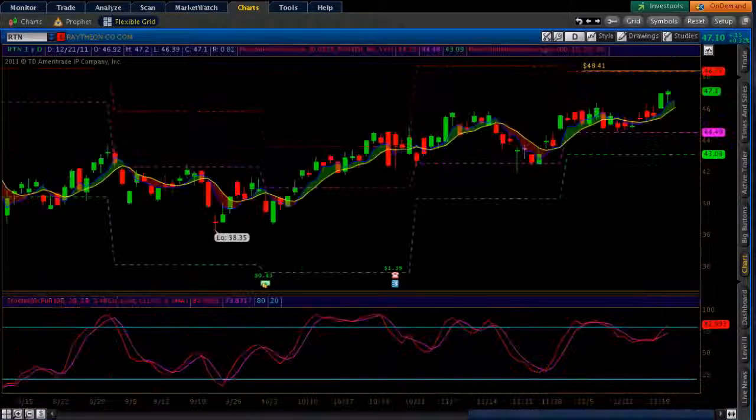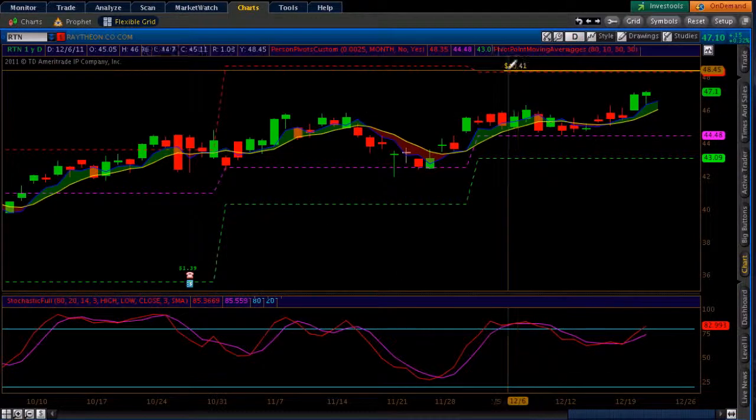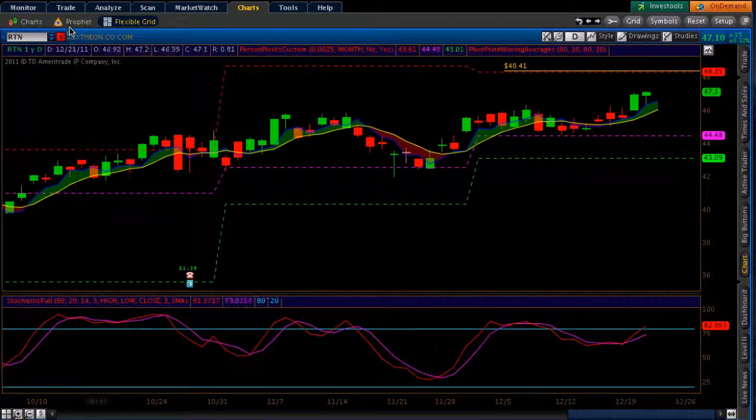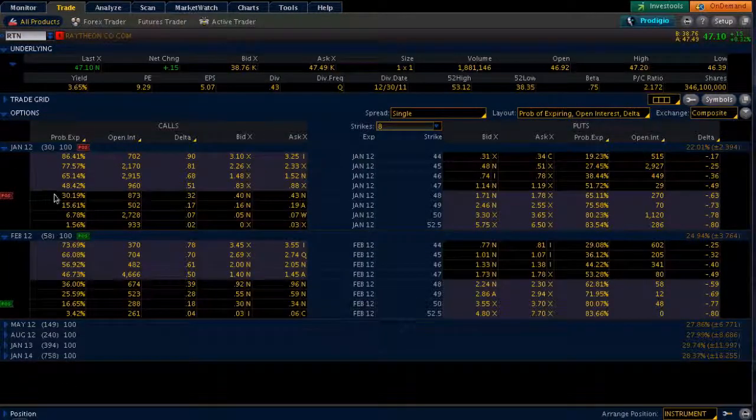Now, however, my break even at expiration in January is at 48.41. Now, a diagonal, what is a diagonal? If we look here, in January, we have 30 days to expiration, I am selling the 48 strike, but I am purchasing in February the $50 strike.